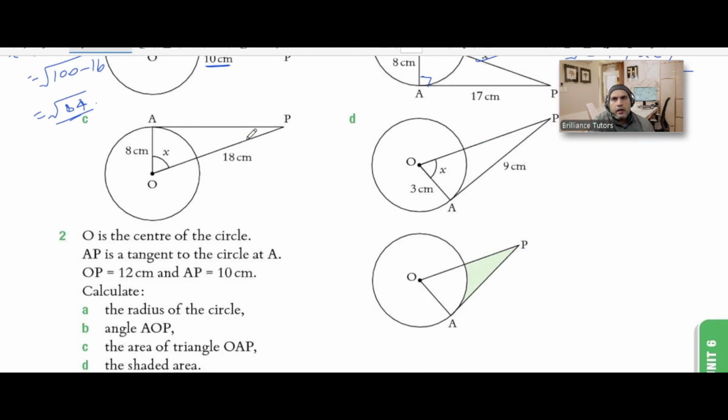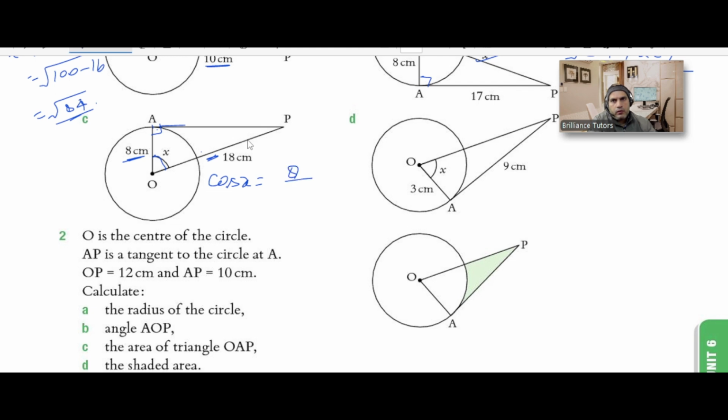In this part we have to calculate these angles. This is a 90 degree angle, this is the base, and this is the hypotenuse for this angle. So we can take cos theta. Cos x equals how much?